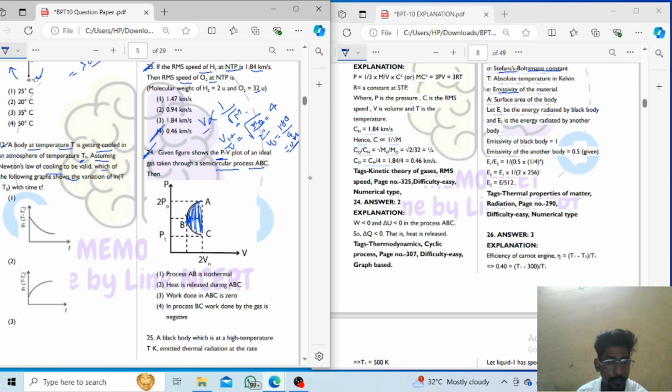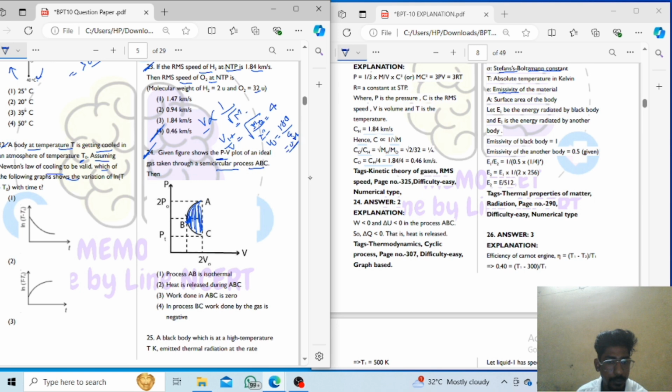Question number 26. A Carnot engine whose sink is at 300 Kelvin has an efficiency of 40%. By how much should the temperature of the source be increased so as to increase the efficiency by 50% of the original efficiency? Efficiency eta equals (T1 minus T2) by T1.